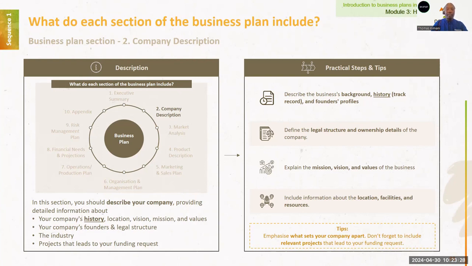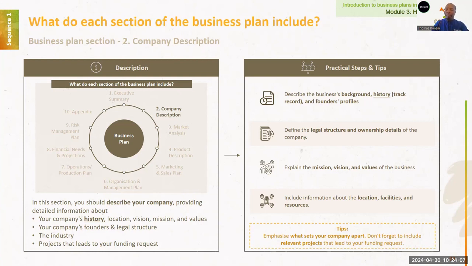The other thing in this section is the location, facilities, and resources that you have in your business. And again, write it down towards connecting with the target audience. If you know the particular bank has locations in the places your business operates, emphasize this. If you know the funders, maybe they come from your area, emphasize this, without explicitly saying it's the area you come from.